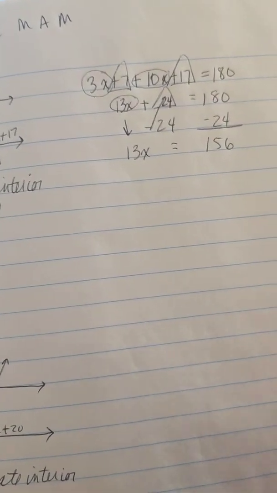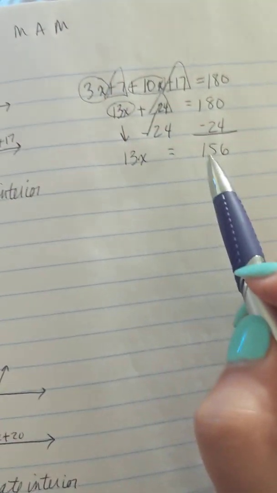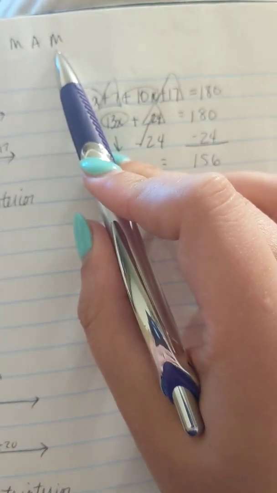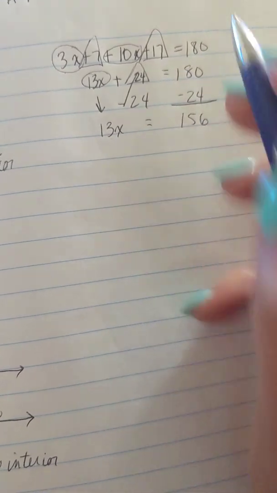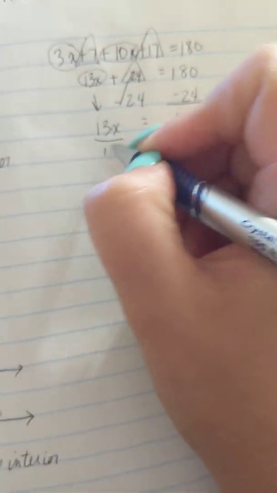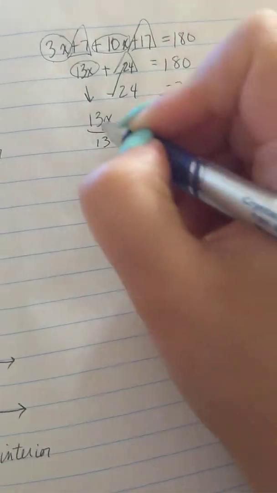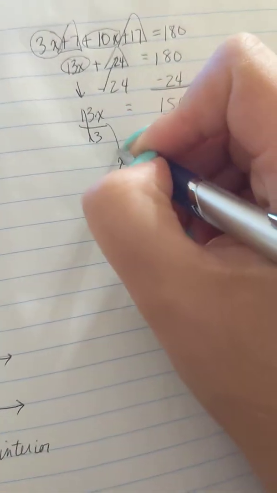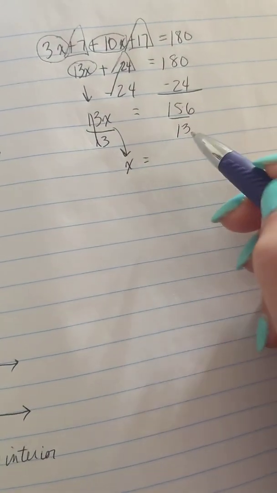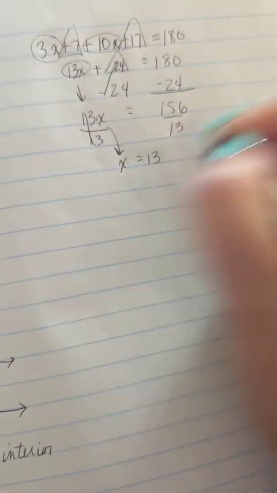Then my final step is multiply or divide. Well, this is multiplication, so I'm going to do the opposite, which is division. So divide by 13. So x equals 156 divided by 13, which is 12.